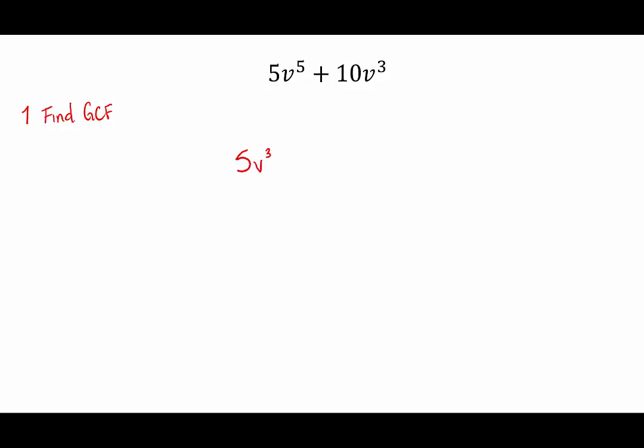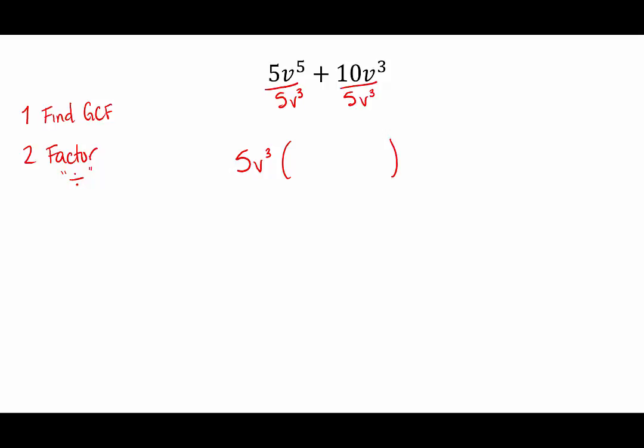So the GCF for this polynomial would be 5v cubed. Write him next to the set of empty parentheses. And now we're going to factor. Remember, that's similar to dividing, because we're going to divide each term by the GCF.